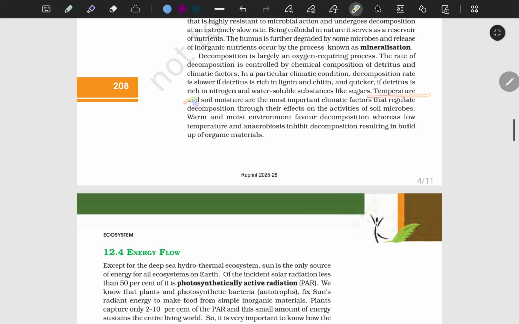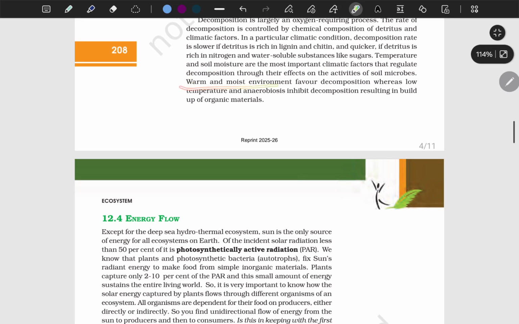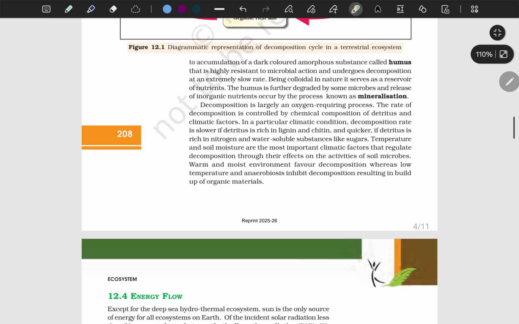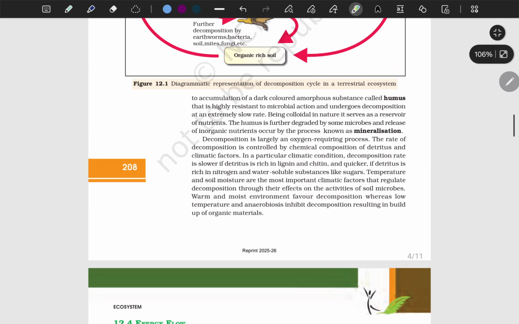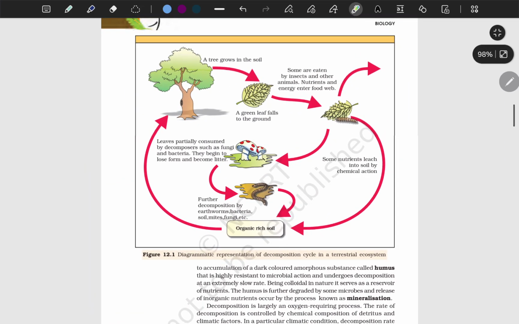Temperature and soil moisture are the important climatic factors that regulate decomposition through their effects on the activities of soil microbes. So warm and moist environments favor decomposition, whereas low temperature and anaerobiosis inhibit decomposition, resulting in build-up of organic material. Remember, decomposition is largely an oxygen-requiring process, so it is an aerobic process, not an anaerobic process.